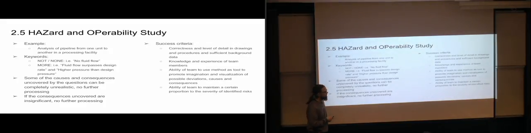We also need to have a team that is able to maintain a certain proportion to the severity of the identified risks. So, for an example, as I mentioned in the previous lecture, a meteor falling from the sky and slamming into whatever it is that we're designing, it is a risk, of course, it could happen.